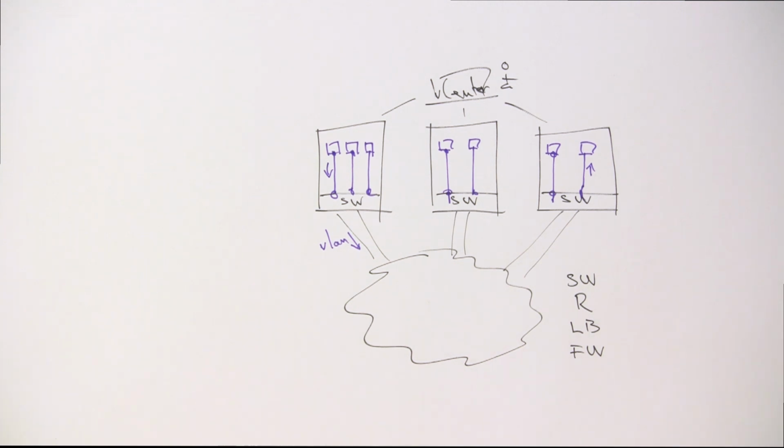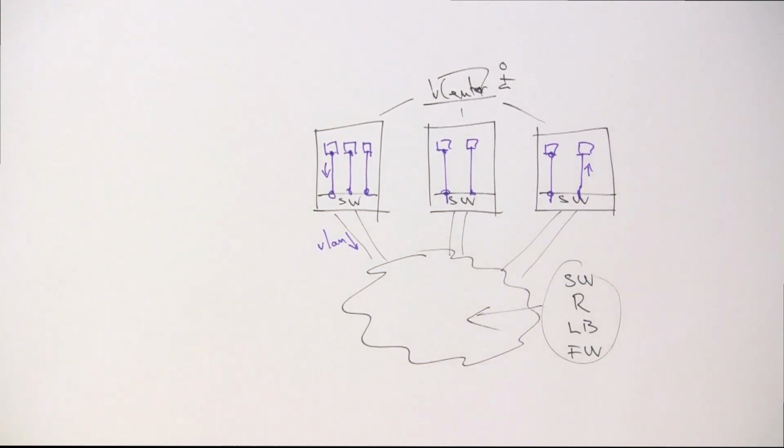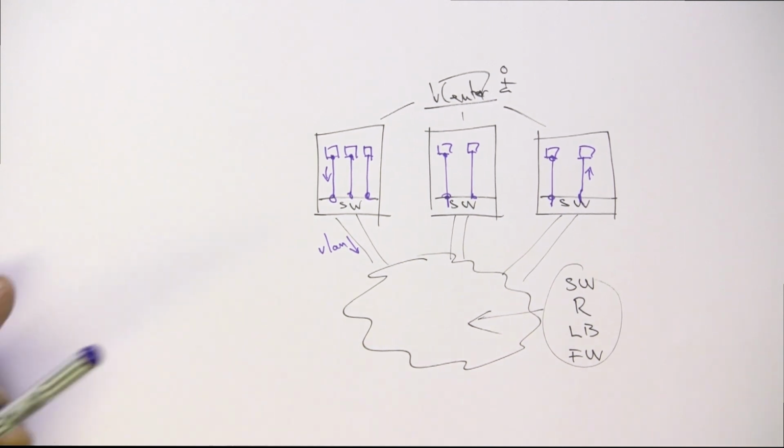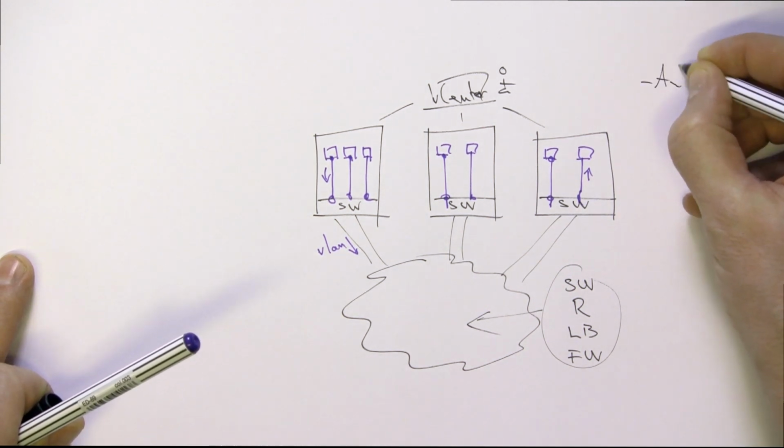The downside of this is that if we use all of these functions and we get them from down here, it's more tricky to automate this. So a driver towards SDN is automation.